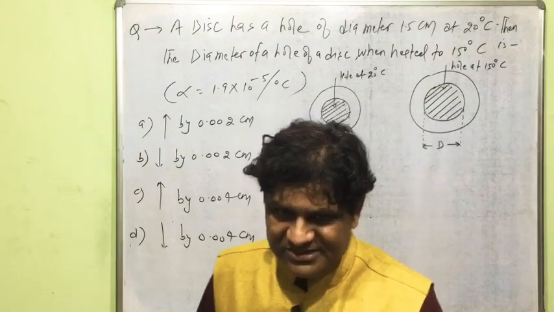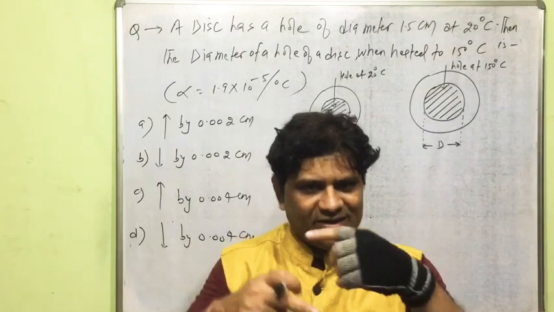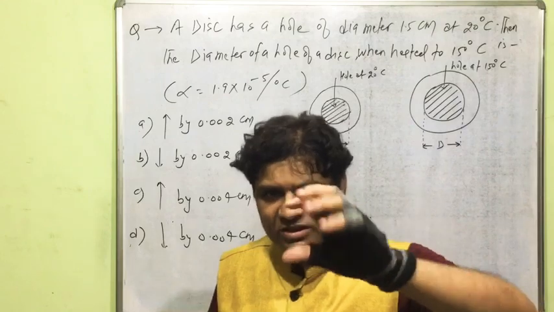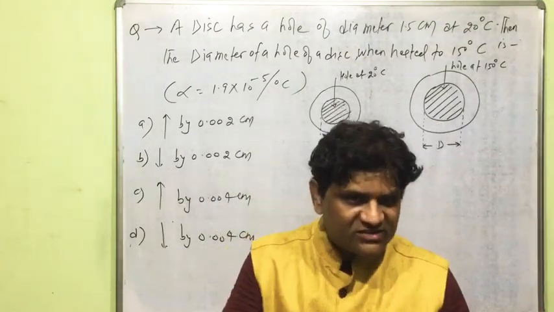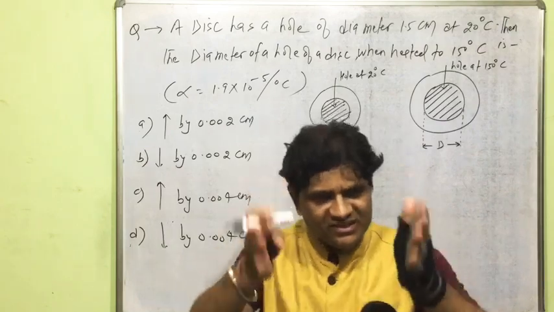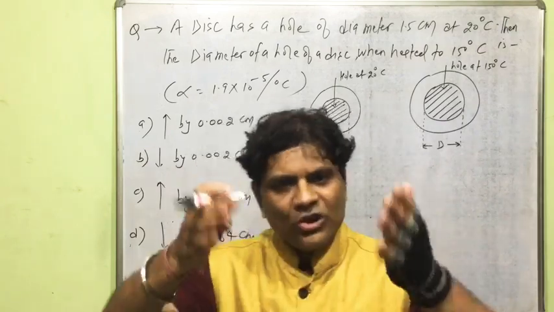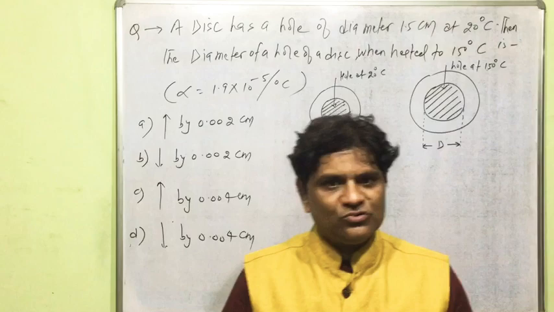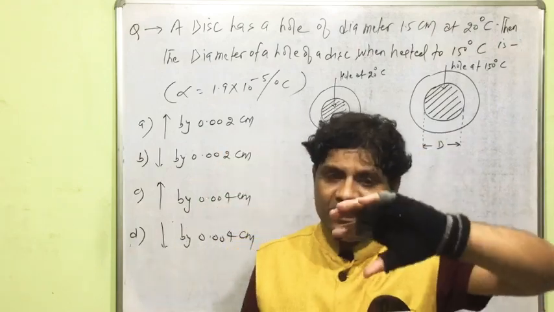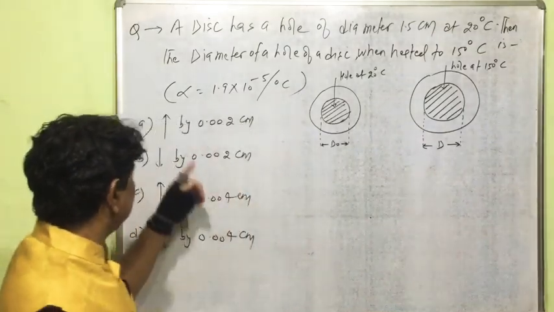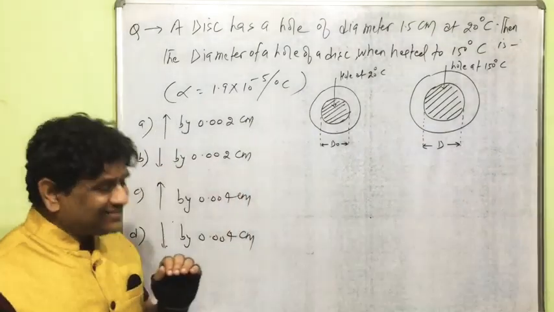So if it is mentioned by, by means change. If it is mentioned increases to, decreases to, changes to, heated to, cooled to, raised to, 'to' means final dimension. So clearly mentioned in the options here, increases by or decreases by.